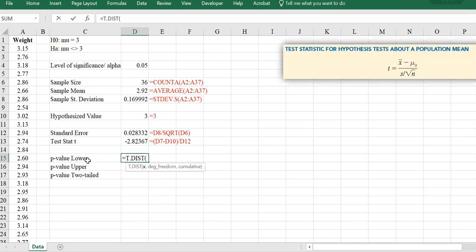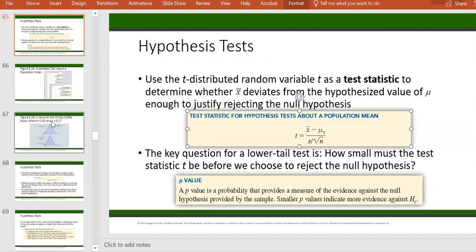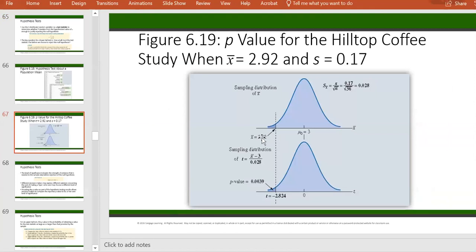The p-value lower tail would be the area below the curve to the left side of the test statistic. That's the definition of p-value lower tail. Here we have the sampling distribution of X bar.